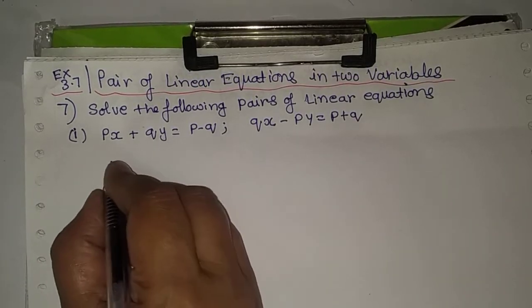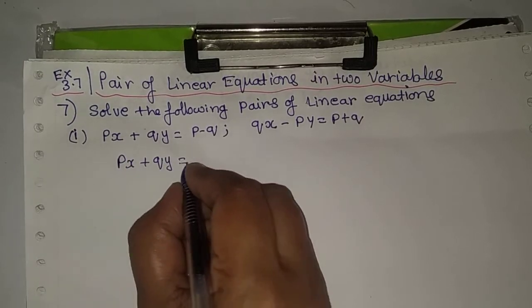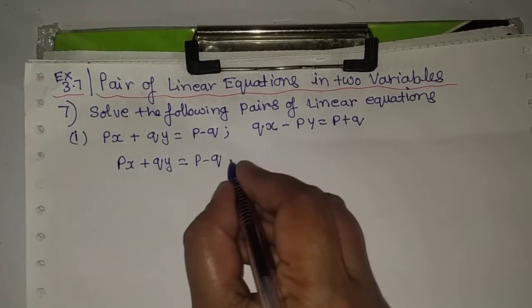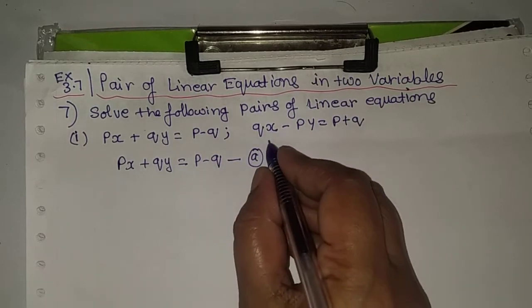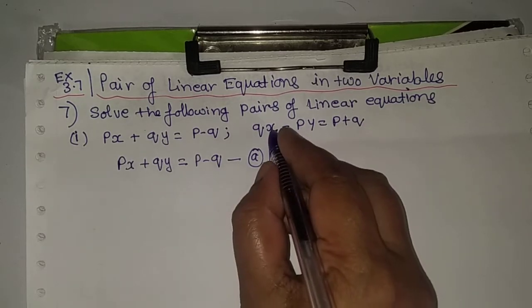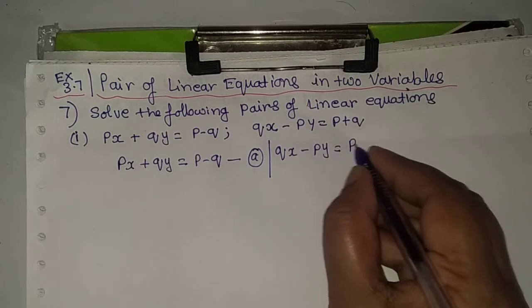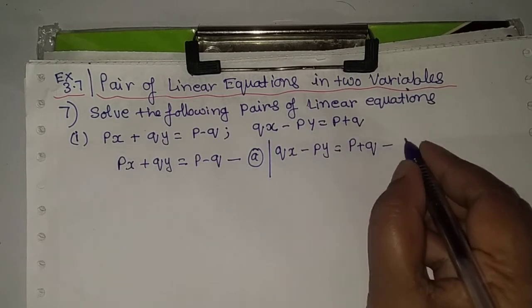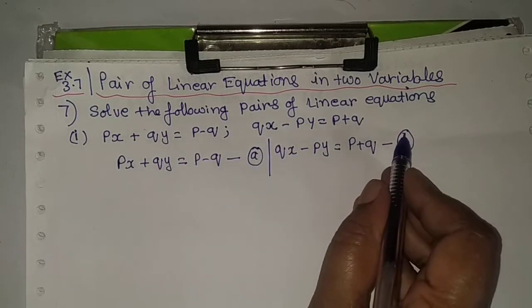I'll just write these equations, that is Px + Qy = P - Q. Keep this as equation A. Next one, that is Qx - Py = P + Q. This one as B. Or you can take it as equation 1 and equation 2.